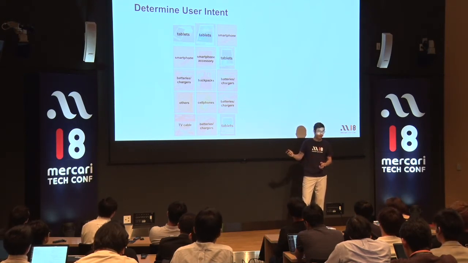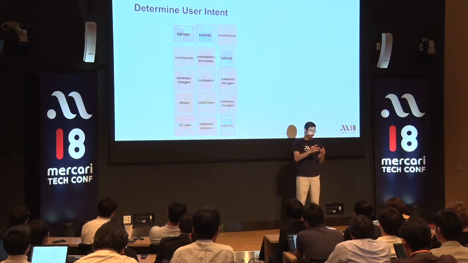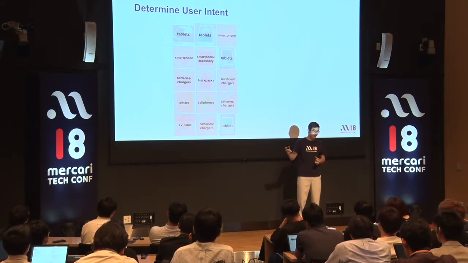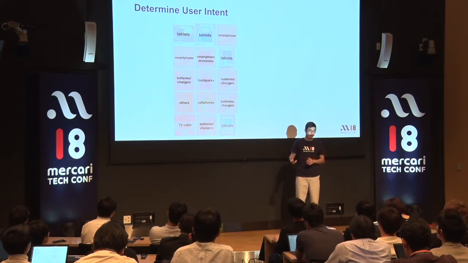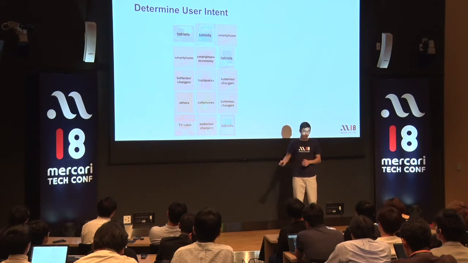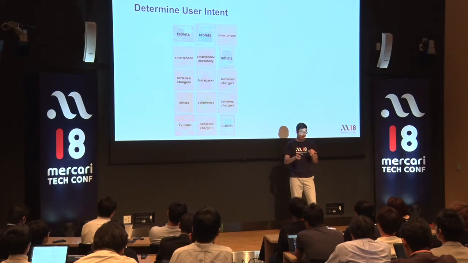So as you can see up here, the items that users click or purchase, which are iPads, are in the category tablets. And the noise that are batteries or chargers, they're in different categories. And there's no overlap. So in this case, we can use the parameter of category tablet as a key parameter that reflects the user intent.